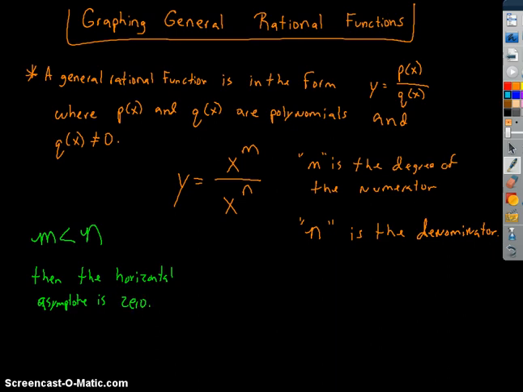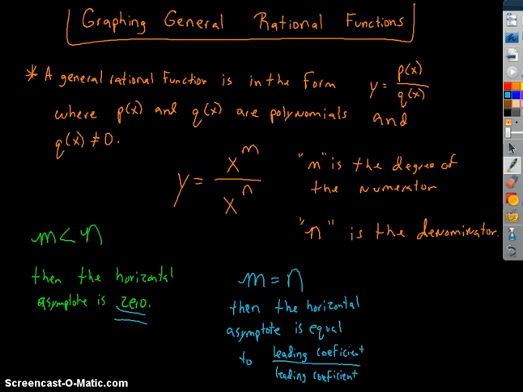If m equals n, as in degree on top is the same as degree on the bottom, then the horizontal asymptote is you divide the leading coefficients. So if m equals n, then the horizontal asymptote is the leading coefficient divided by the leading coefficient, whatever that fraction reduces to.